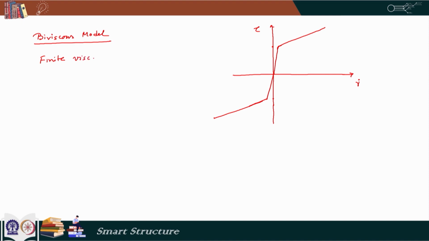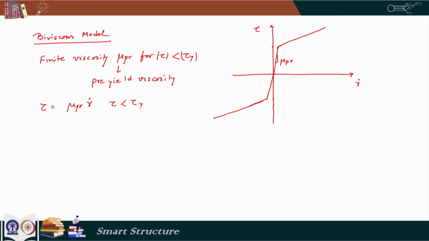So, this is a finite viscosity, which we denote as mu pr for tau less than tau y. So, the slope of this graph is denoted as mu pr. We can call it pre-yield viscosity. And then mathematically we can say tau is equal to mu pr gamma dot when the magnitude of tau is less than tau y.